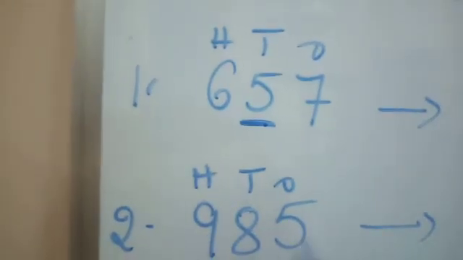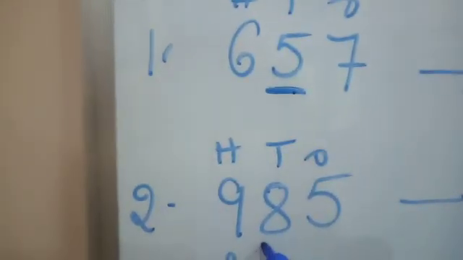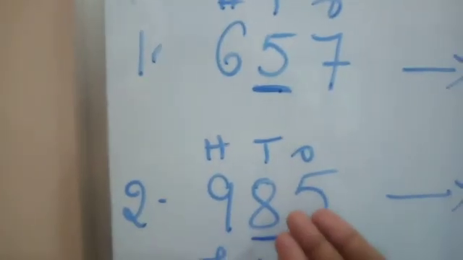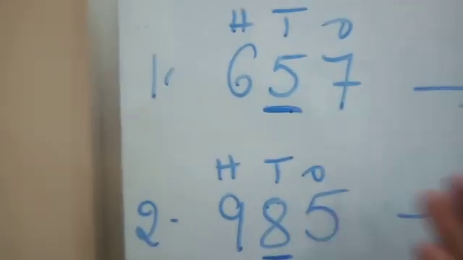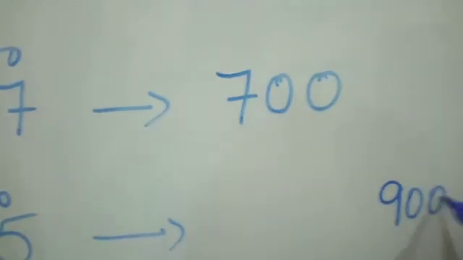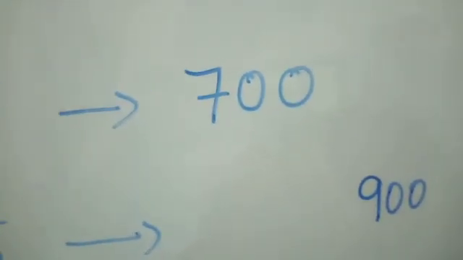In the same way, next question, 985. In tens place 8 is there. So same as before, we should round it off to its nearest greater 100. What will be the nearest greater 100 for 985? For example, 985 lies in between 900 and 1000.